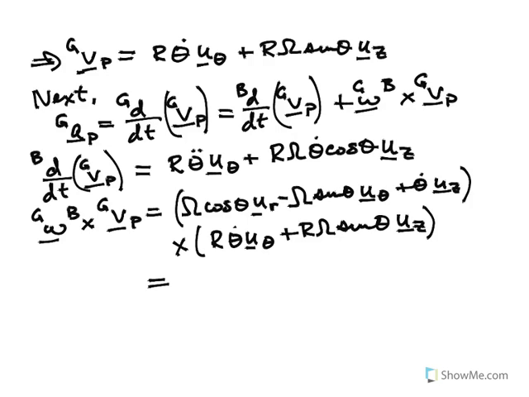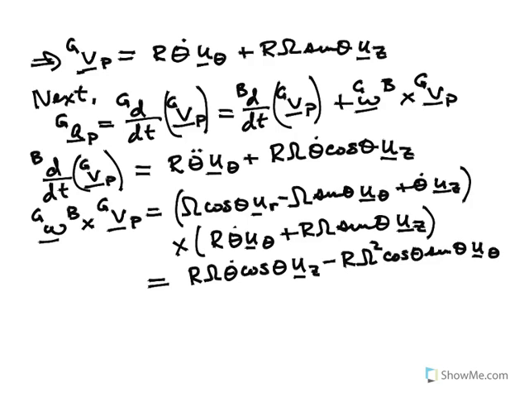So this equals, well, UR crossed with U theta is UZ, so I get r omega theta dot cosine theta times UZ, and then UR crossed with UZ gives me minus r omega squared cosine theta sine theta times U theta.